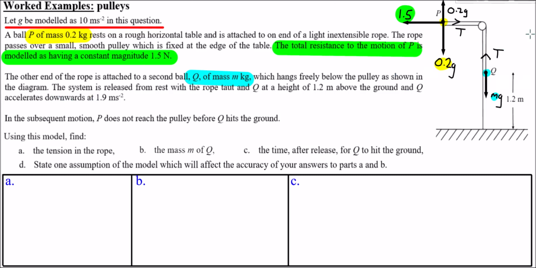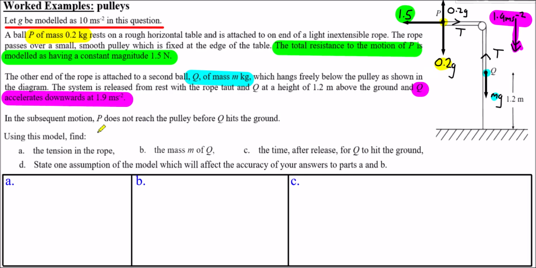So again, just add it all in as much as you can. So acceleration's down 1.9 meters per second squared. Now we're pretty much ready to go and tackle this one.